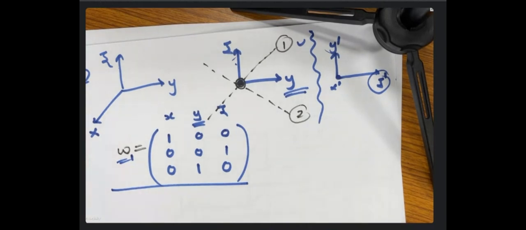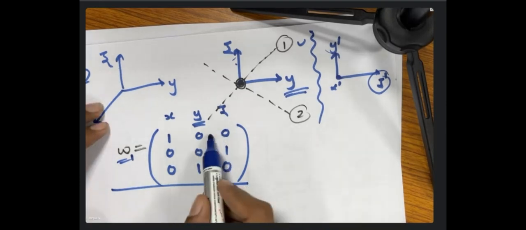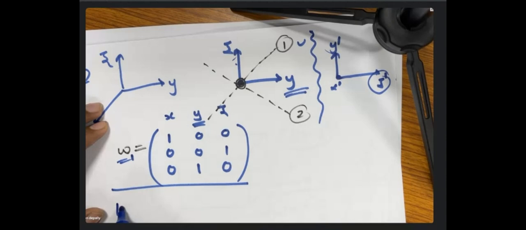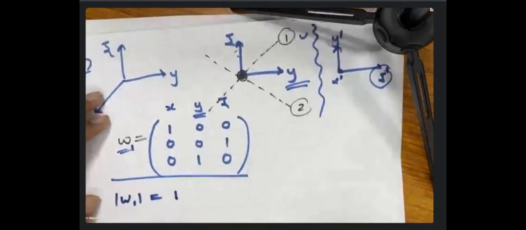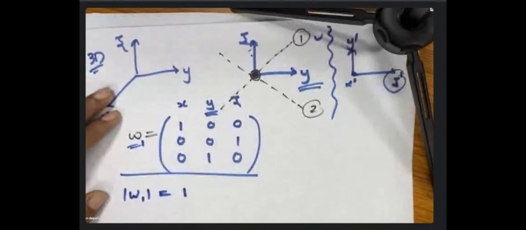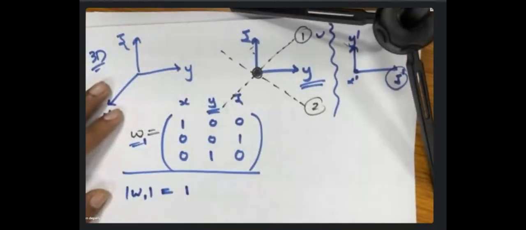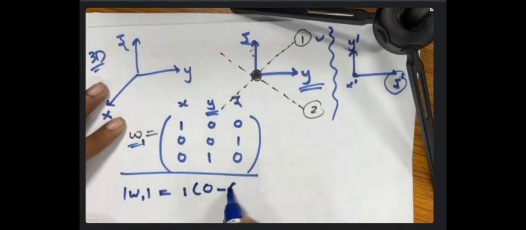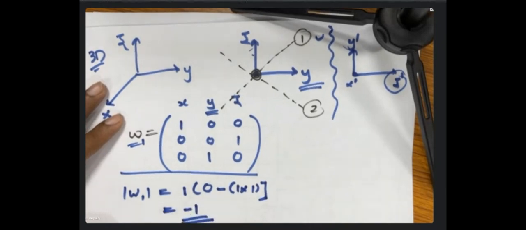Let's confirm that it is improper. These two are going to give me 0 anyway, so I don't need to write. While writing the determinant of the W1, we can say that 1 multiplied by 0 minus 1 times 1. So effectively it will be minus 1 when we solve it.